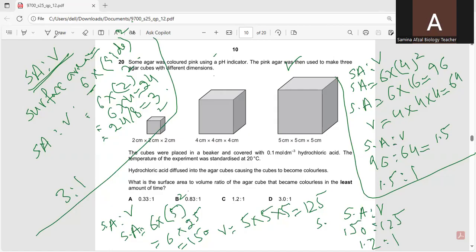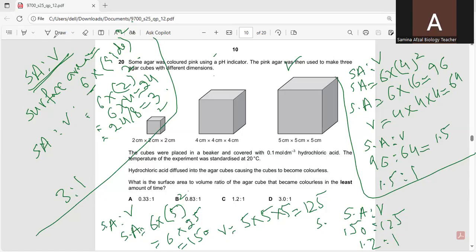So we have found out these calculations. But the question is, what is the surface area to volume ratio of the agar cube that becomes colorless in the least amount of time?